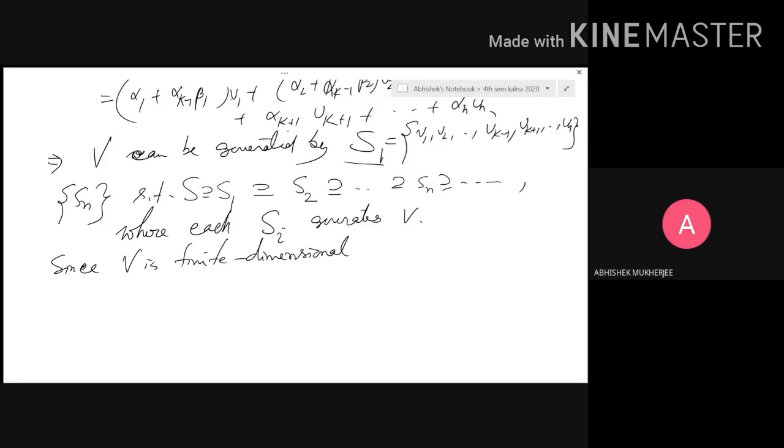Okay. So since this vector space is finite dimensional, this process of deletion of Vk must terminate.